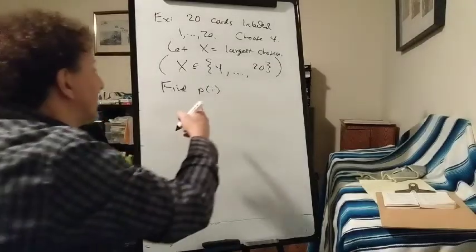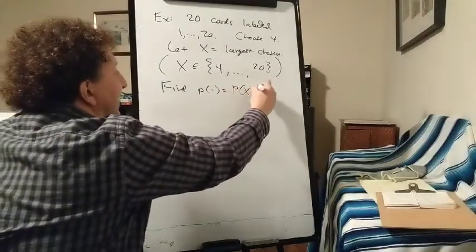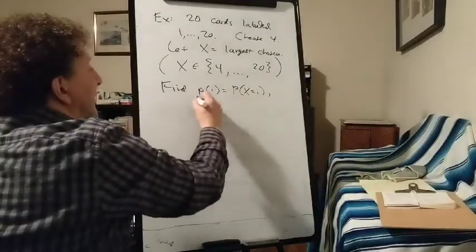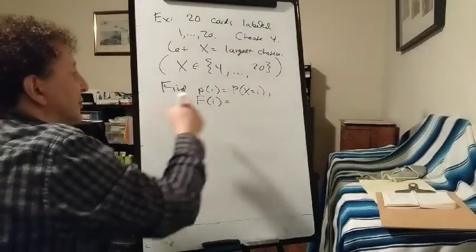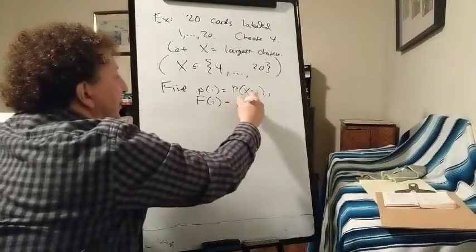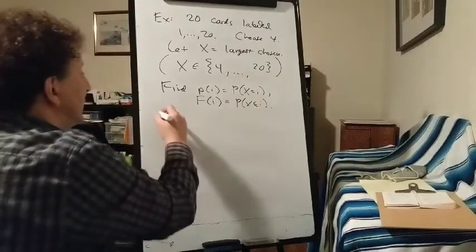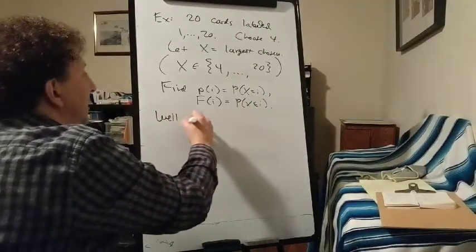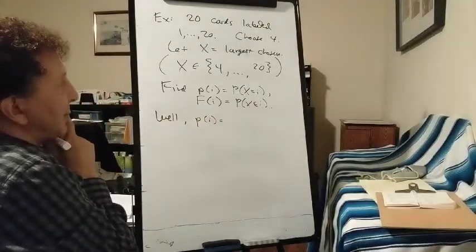So let's see if we can find the mass function, the probability mass function p of i, which is the probability that X equals i, and the cumulative distribution function capital F of i, the probability that X is less than or equal to i. Let's see, p of i equals, how could the biggest number be i?